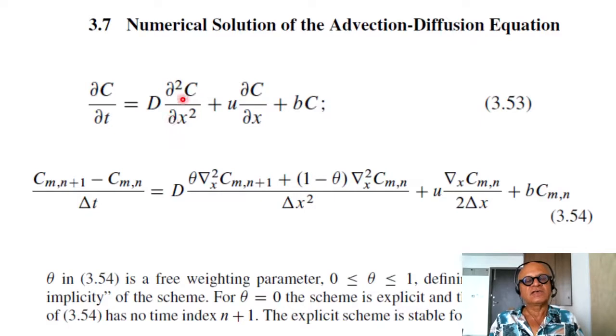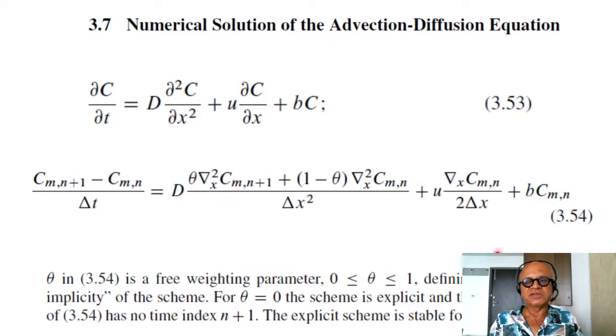So that's the second derivative there, plus the advection term u del x c m n over 2 delta x, so another central difference there, plus b times c at m and n.